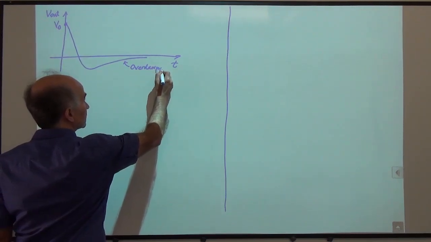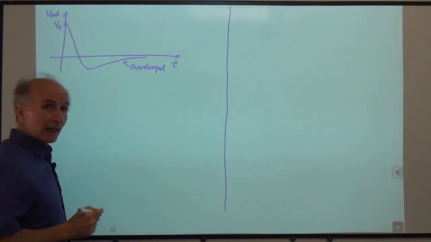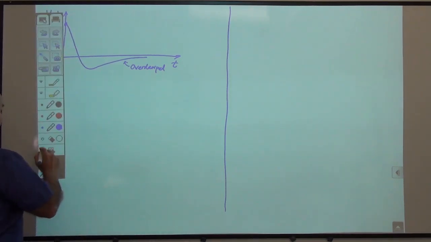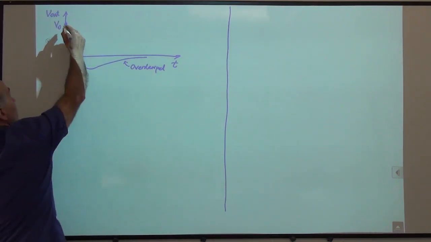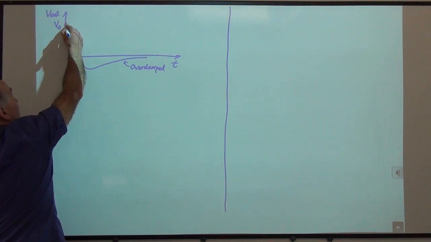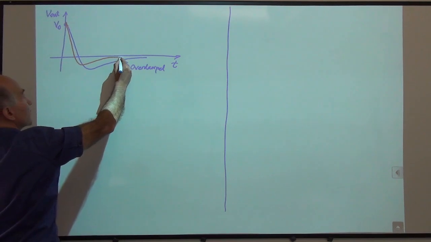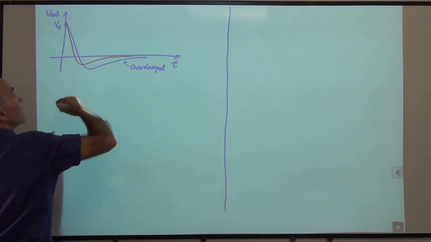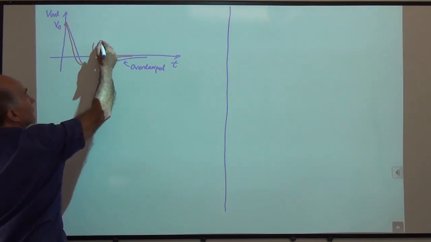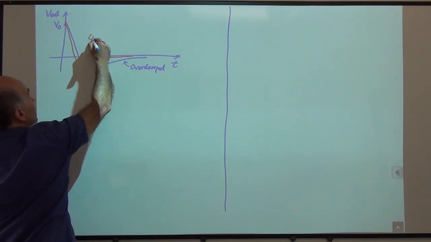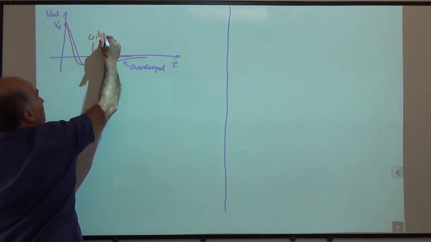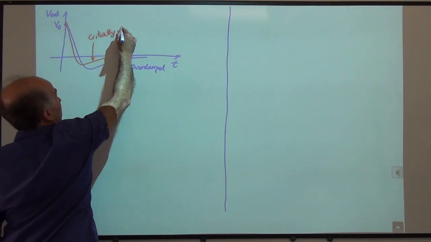If we have a critically damped situation, then it looks like this. So we start from here, and it comes down, and it approaches 0 faster. So this is called critically damped.